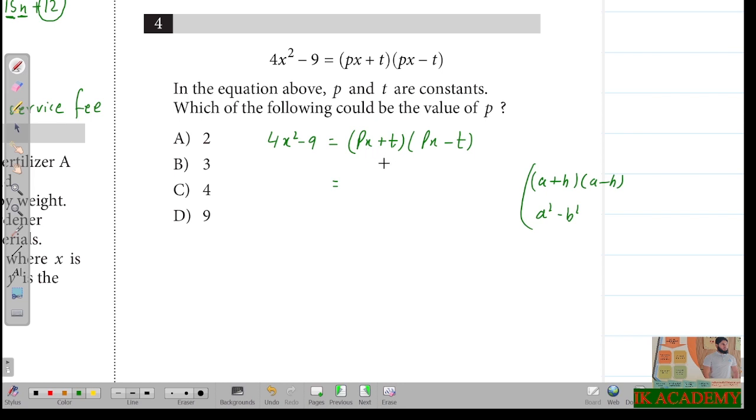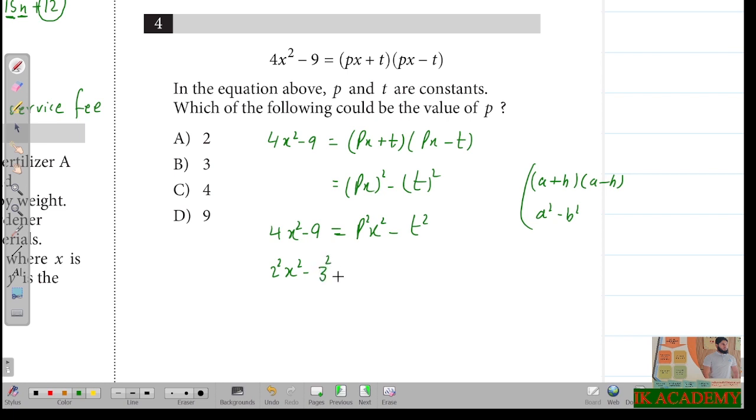So px is equal to a and t is equal to b. So (a plus b)(a minus b) is equal to (px) whole squared minus t squared. We can write down here p squared x squared minus t squared. And from the left side we can write the same values: 4 as 2 squared, x squared, minus 9 is the square of 3.